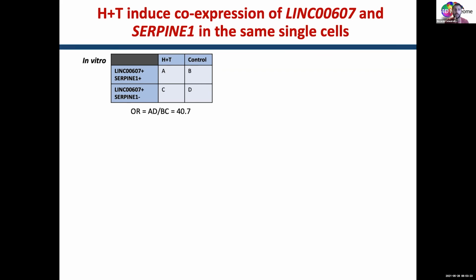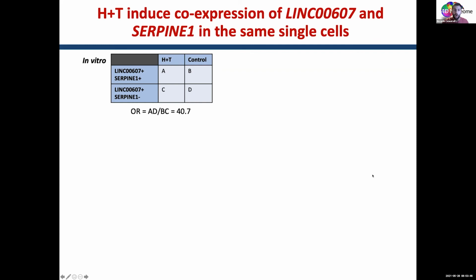To implement this idea, we can use this simple contingency table, where on the rows we have the number of single cells showing co-expression of the two genes compared to those showing expression of LINC00607 only, at day 7 and control. And a very high odds ratio indeed supports this hypothesis.